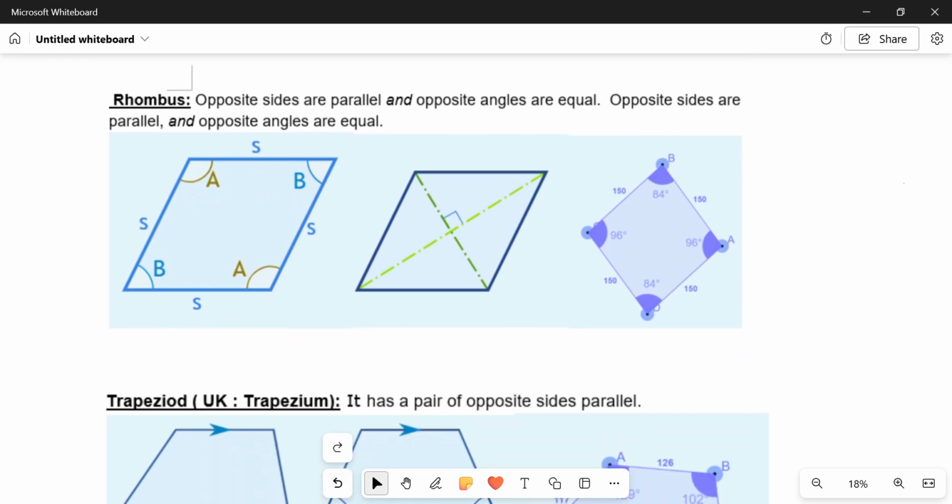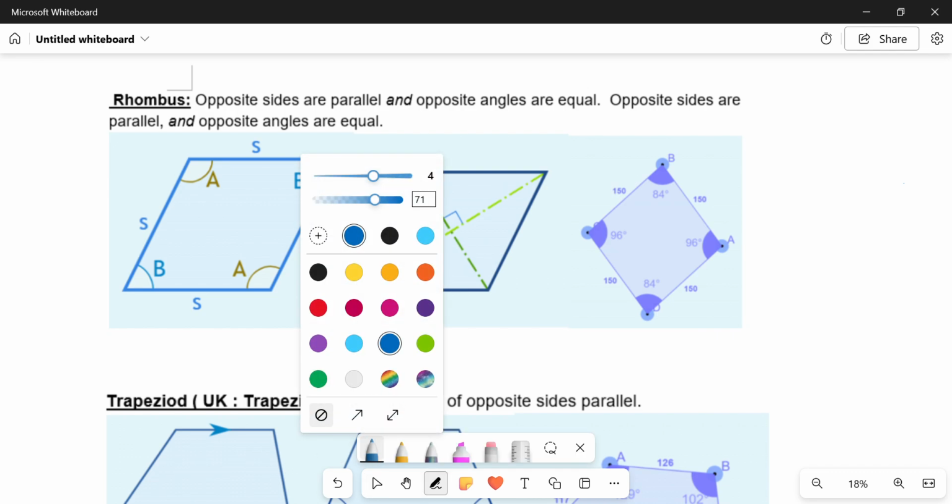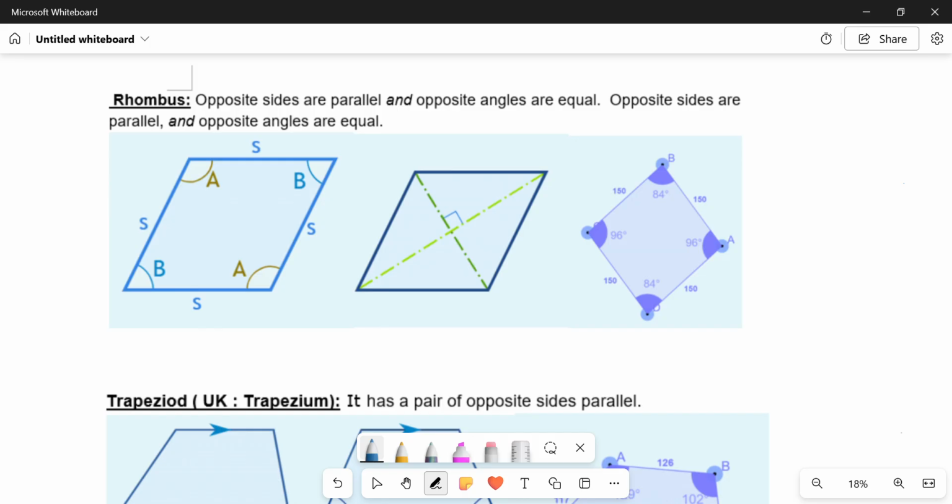The first one is a rhombus here. In a rhombus, students, as you can see here, the opposite sides are parallel, right? And opposite angles are equal. So in the first picture here, the opposite sides are parallel, like this one, right? S and S, they are parallel to each other.